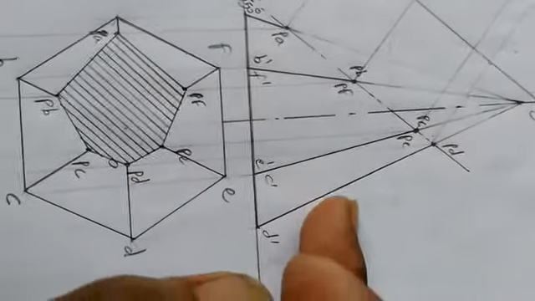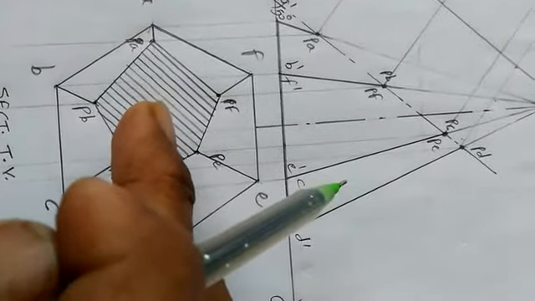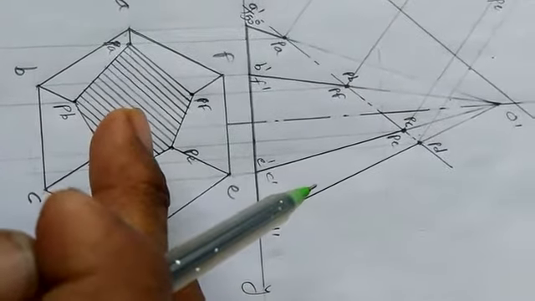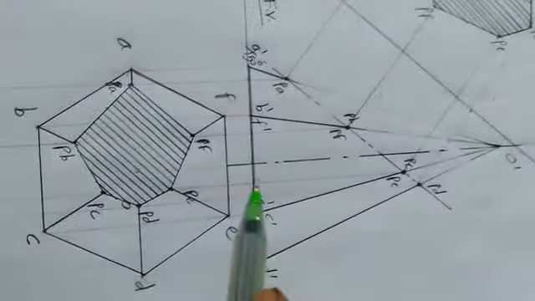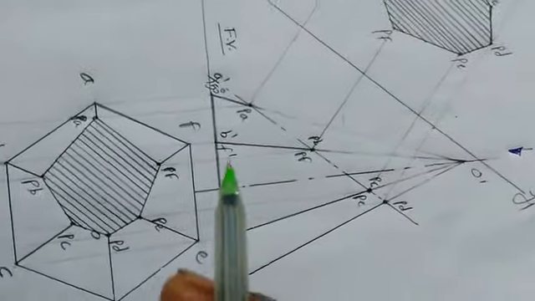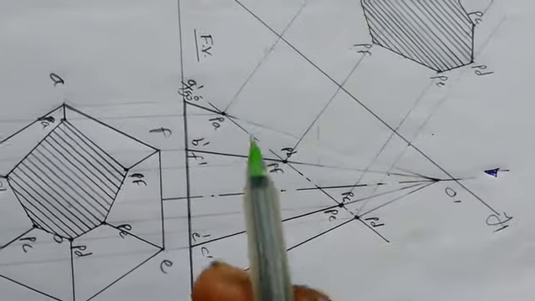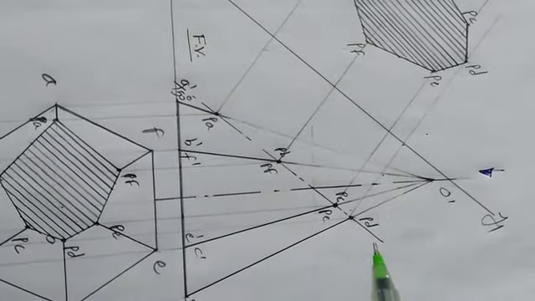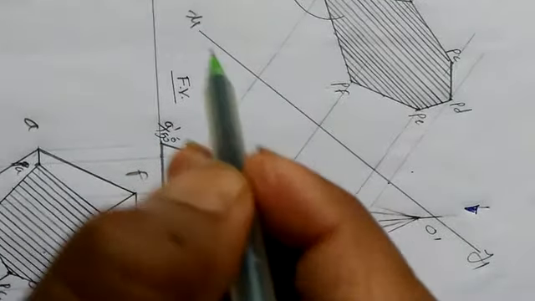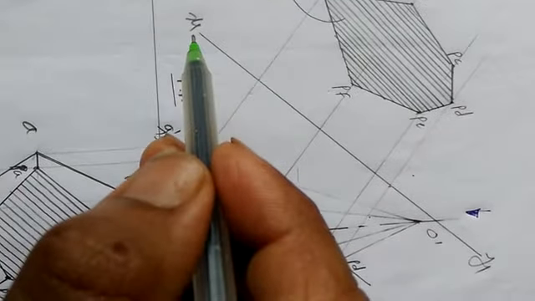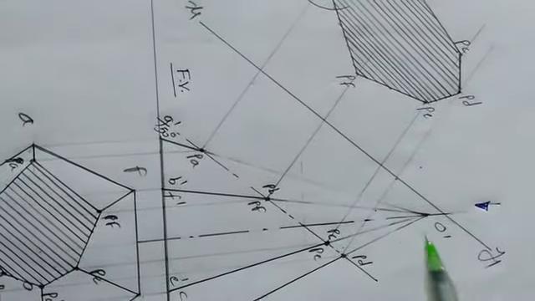This is the front view. This sectional surface is the apparent one, and the last solution expected from this construction is the true shape of its section. Now how to get it? Just like earlier problems, parallel to this cutting plane at any distance conveniently outside this object, we have to construct x1 y1 as the auxiliary reference plane.